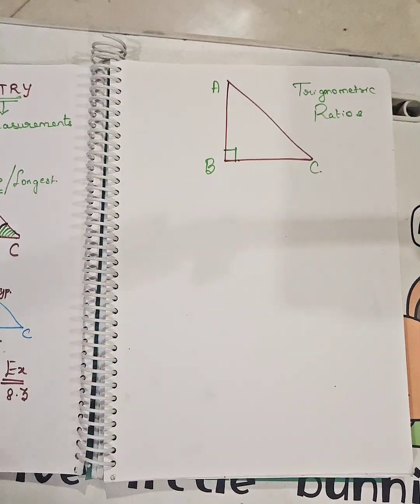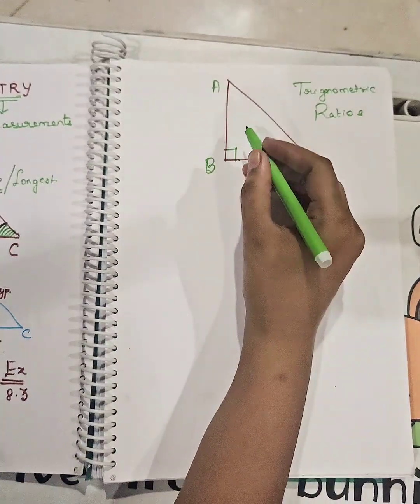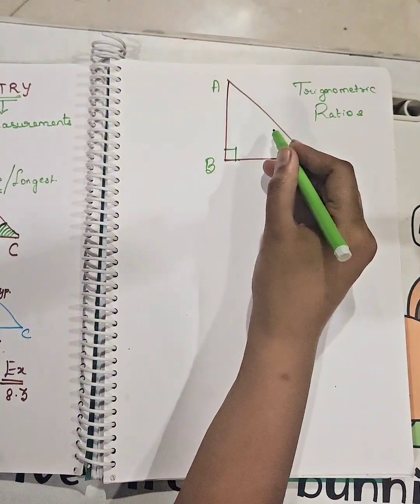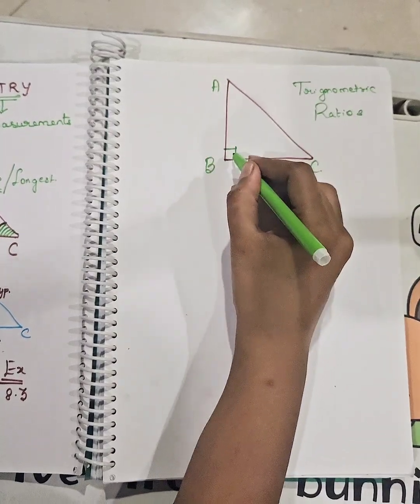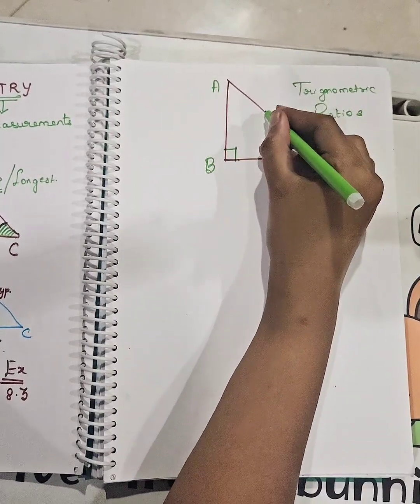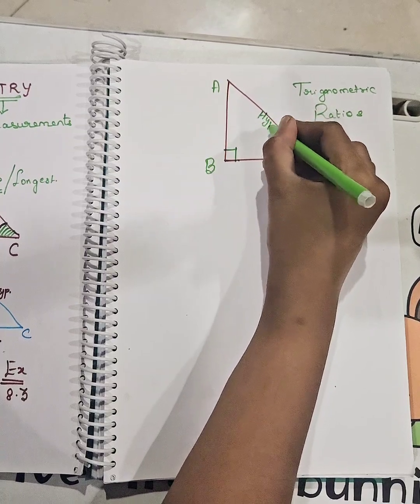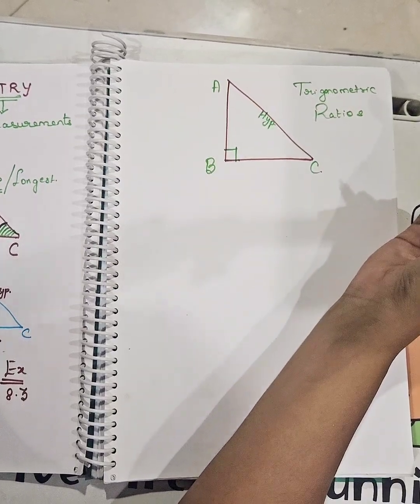Here we have already seen which is the hypotenuse, adjacent, and opposite. So for this triangle, which is right angled at B, this is the hypotenuse side. Now what about the opposite and adjacent?